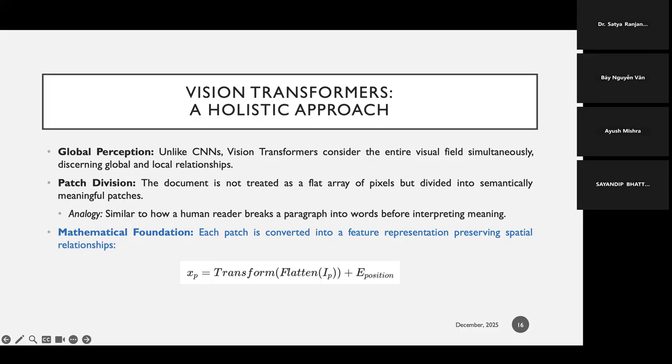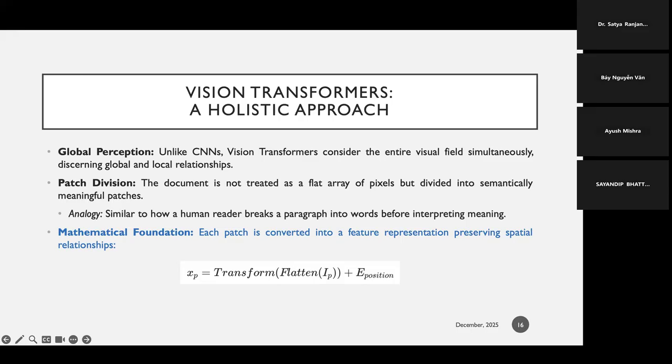The vision transformer. Here is the fundamental shift in thinking: global perception. Unlike the old methods that scan an image pixel by pixel or region by region, the vision transformer takes a holistic approach. Imagine you are looking at a painting. You don't press your nose against the canvas and look at one brushstroke at a time.